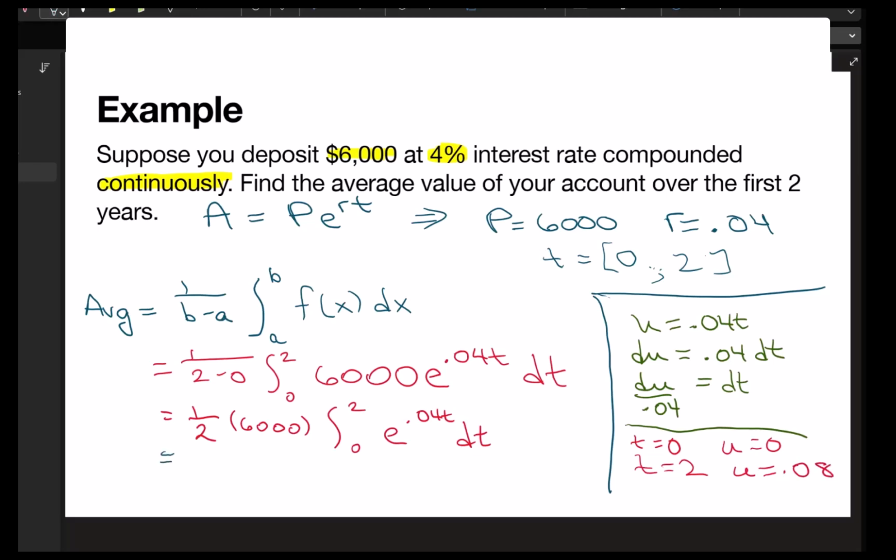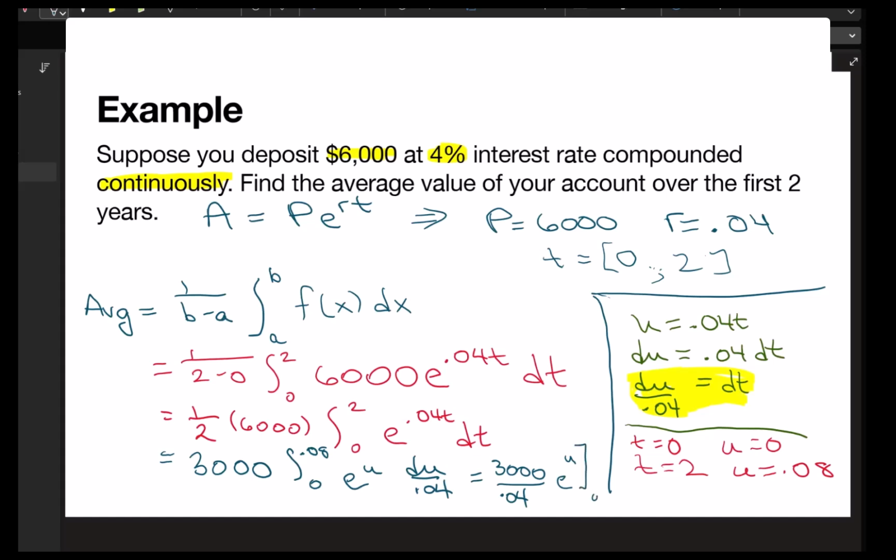Now, this is equal to 3,000 times the integral from 0 to 0.08 of e to the u, where dt is equal to du over 0.04. I get 3,000. I'm going to take that 0.04 and put it on the outside of the integral, and then I just have e to the u du, and I know that's equal to e to the u.